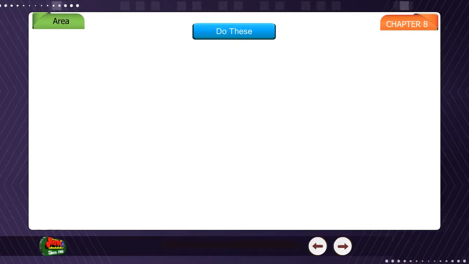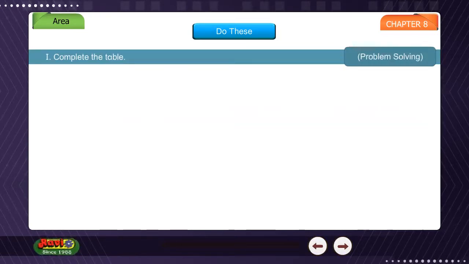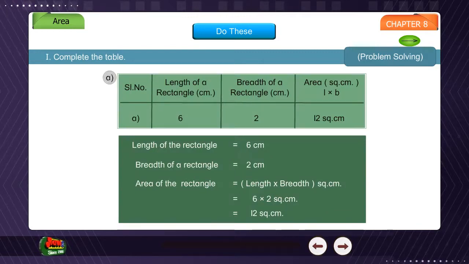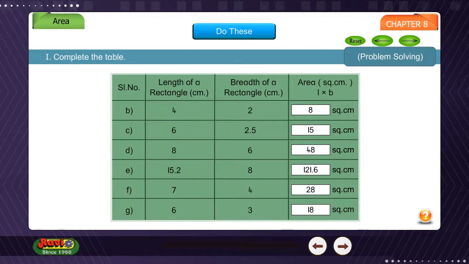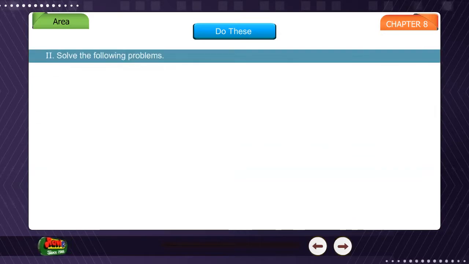Do these. 1. Complete the table. Problem solving. 2. Solve the following problems.